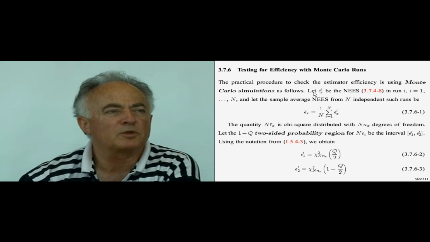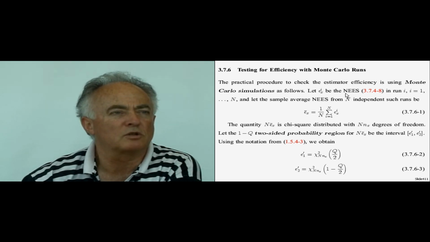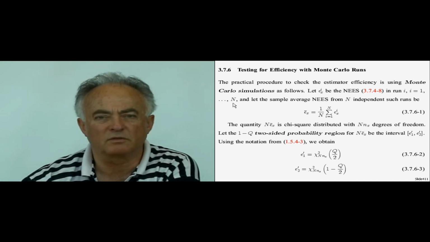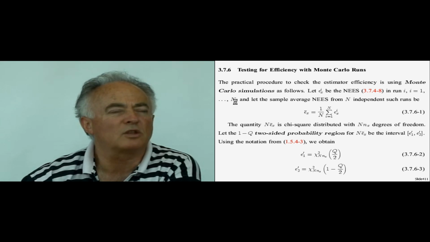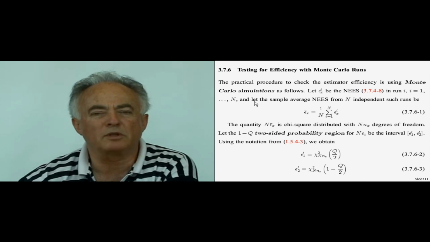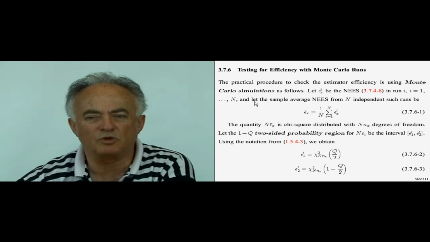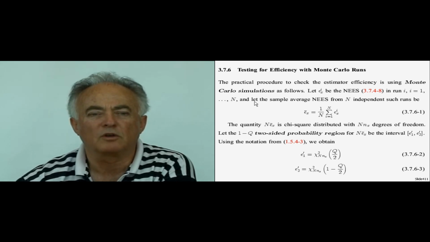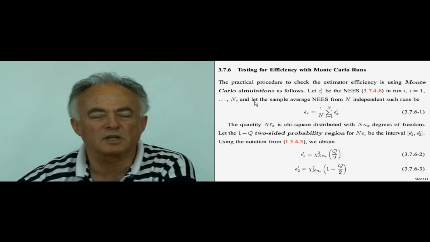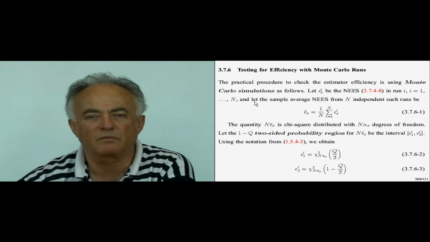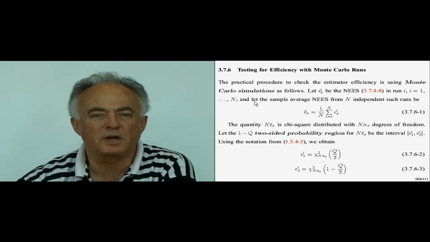We have epsilon_x,i, the normalized estimation error squared, in a run i, and we say we have N runs, all with independent random variables. We generate the noiseless observation, we generate the noisy observations, and we carry out the estimation, and we have the error by comparing the estimate to the true value.